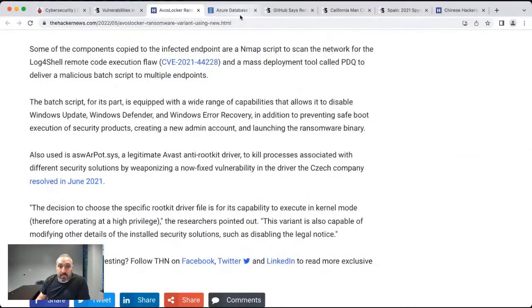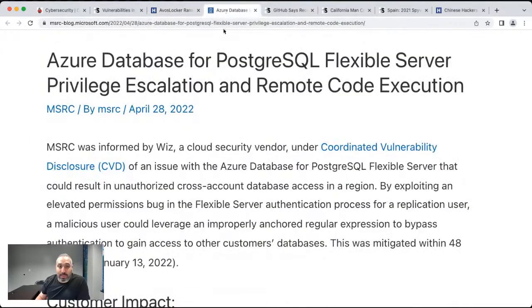So keep your eyes out for that. And again, a good rule of thumb: if anything disables your AV or moves it, then get it. Maybe you shouldn't have it to begin with. So just as a general rule of thumb.